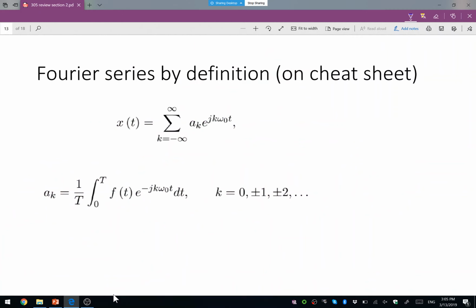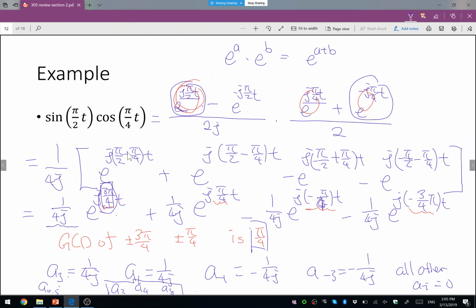So the next thing, which you mostly see in homework 4, is how to find the Fourier series by its definition. So there are 2 directions. The first tells you how to get the signal. Question: was that it for the last problem, we just find the A's and that's the end? Yeah, that's the end of the problem.